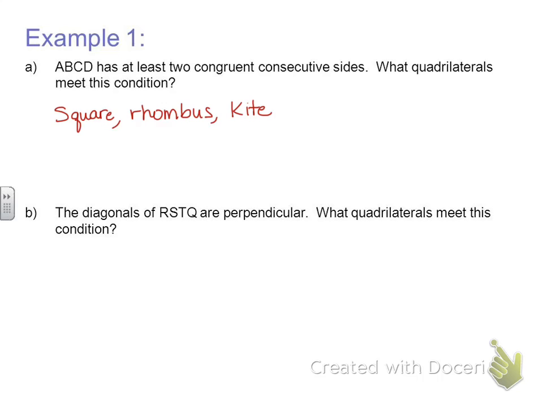So let's look at B. The diagonals of RSTQ are perpendicular. Which quadrilaterals meet this condition? So think to yourself, what quadrilaterals do you know that have to have perpendicular diagonals?